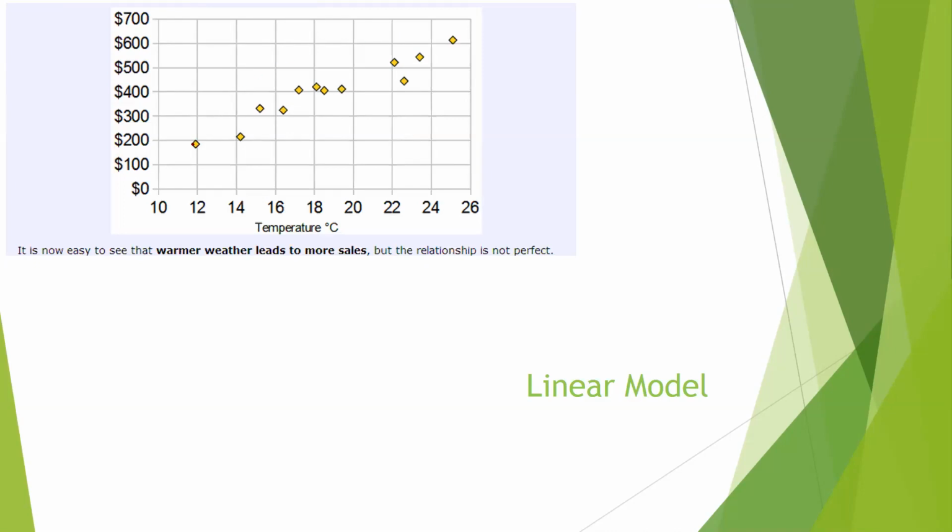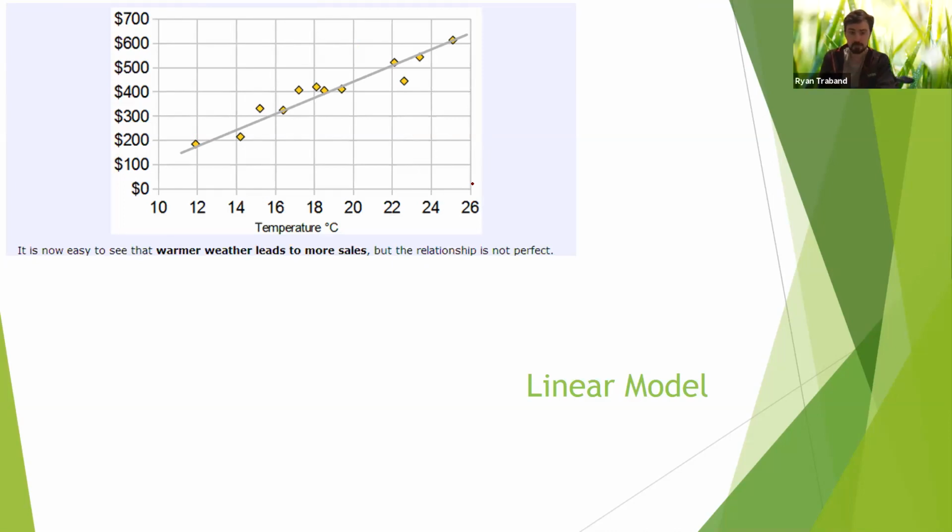So what can we do? We can fit the data with a model. We can fit yourself in the dress to see if the dress fits you well, right? So this is what we have learned before.